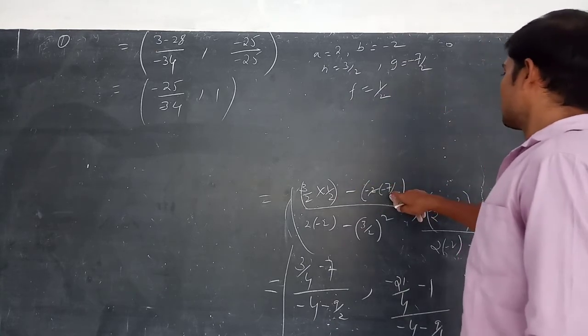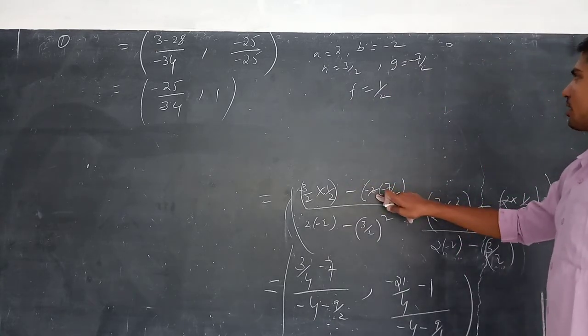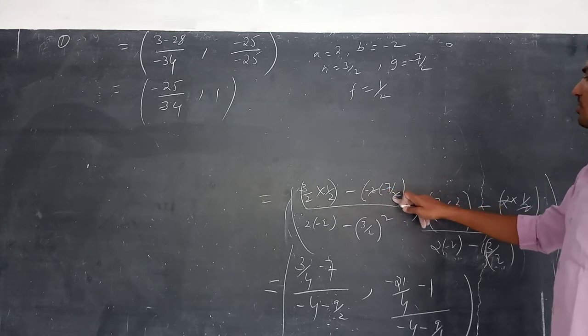Minus bc, minus of minus b into c, g equal to minus 7 by 2.